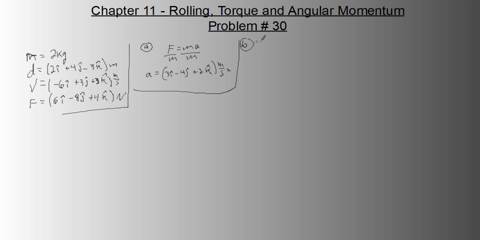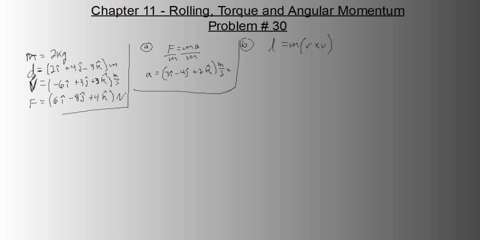Part B, we're going to use angular momentum is m times r cross v. So we're going to do a cross product of r, which is our displacement vector, d, and v here. Alright.